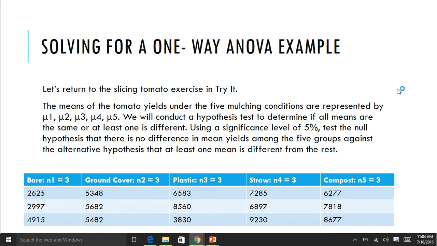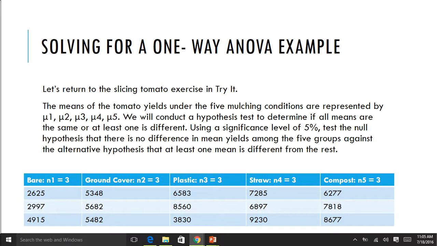The question asks: the means of tomato yields under the 5 mulching conditions are represented by mean 1, mean 2, mean 3, mean 4, mean 5. We will conduct a hypothesis test to determine if all the means are the same or at least one is different. Use a significance level of 5%. Test the null hypothesis that there are no differences in mean yields among the 5 groups against the alternative hypothesis that at least one mean is different.